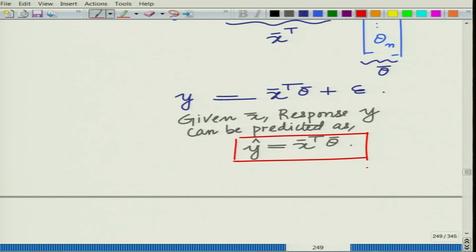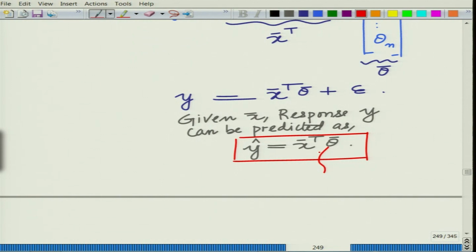So, once you fit the model, once you determine the regression coefficients theta bar, for any particular explanatory variable vector x bar, the response can be predicted as y hat equals x bar times theta bar. But it is important to first determine these regression coefficients, because if theta bar is unknown, then it is not possible to predict.